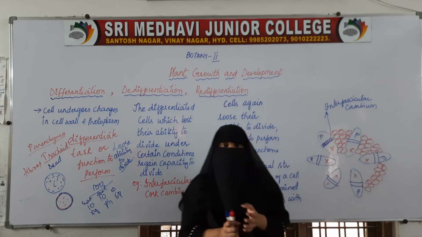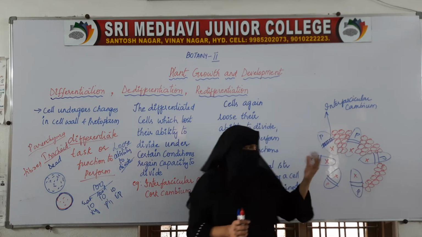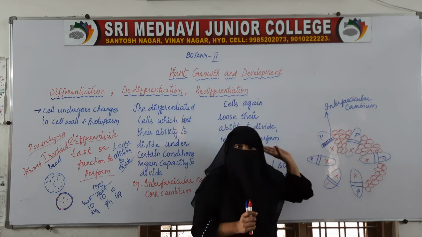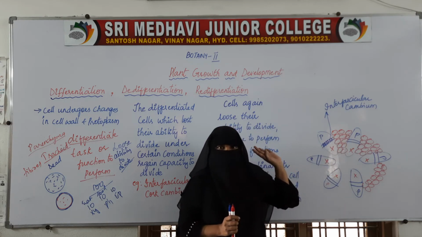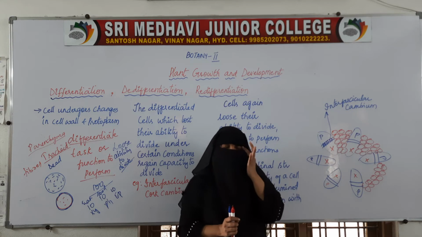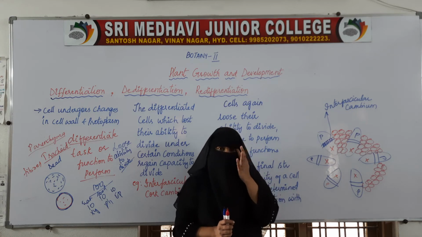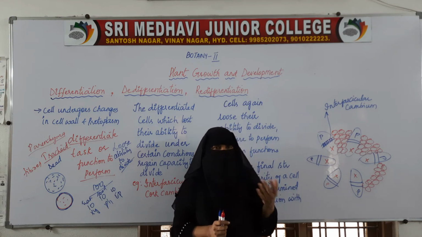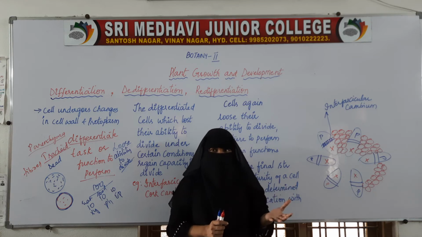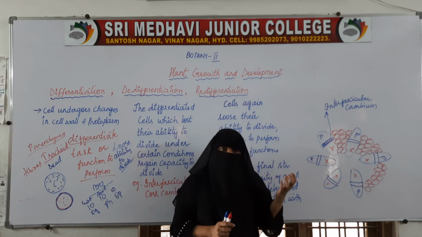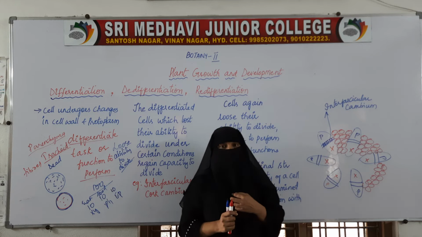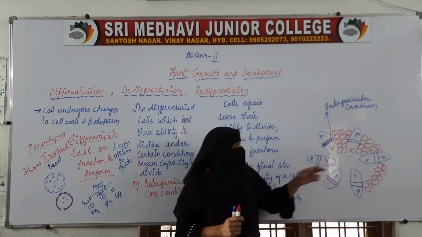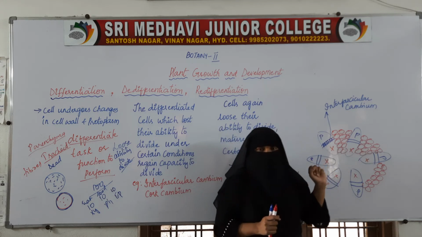These parenchymatous cells have been given a particular task, that is parenchyma. They have been differentiated into parenchyma. They will be carrying out a particular function. Parenchyma will be helping in different functions, that is to store food material, depending on the location, and depending upon the location the parenchyma will be performing various functions.